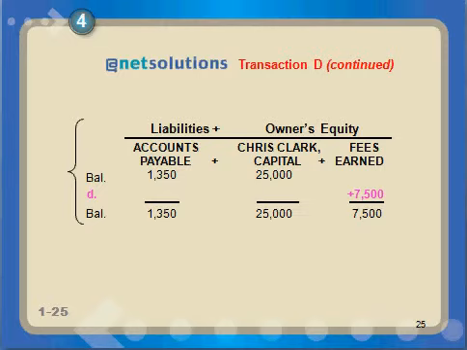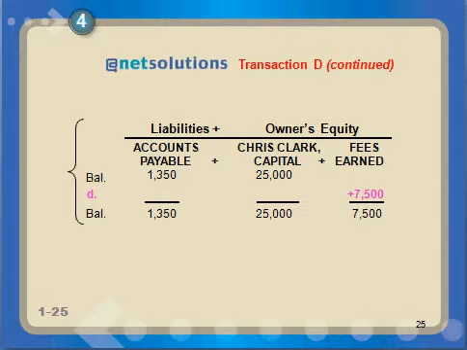We have Chris Clark capital, $25,000, and now we have an addition to that capital in the form of fees earned, $7,500. So if we add up the right side, we get $33,850, and that equals what we had on the left side, $33,850. So we're in balance, and we're ready to move on to our next transaction.